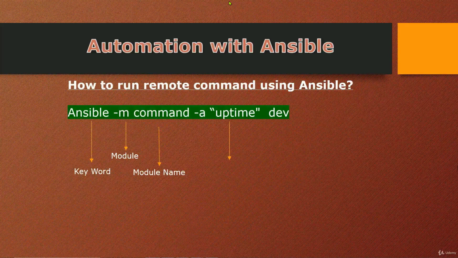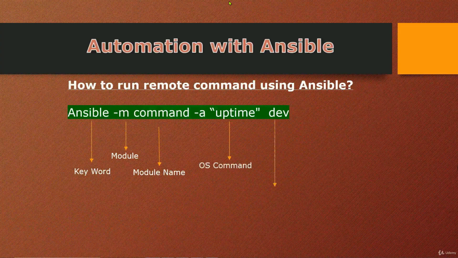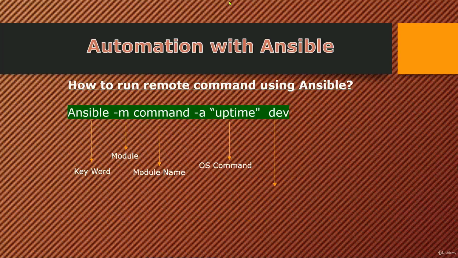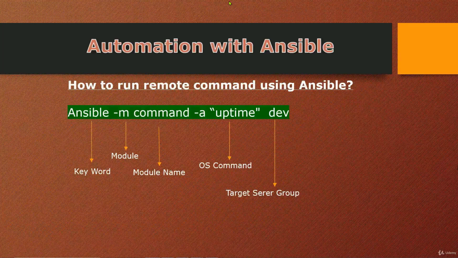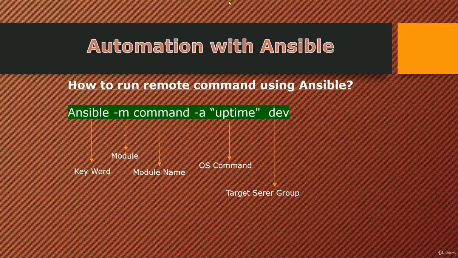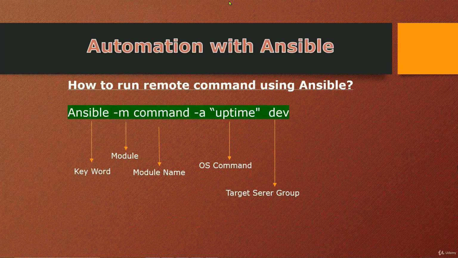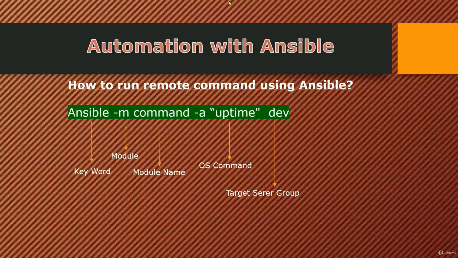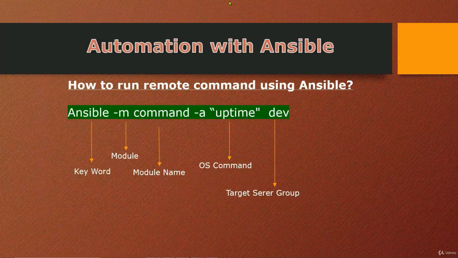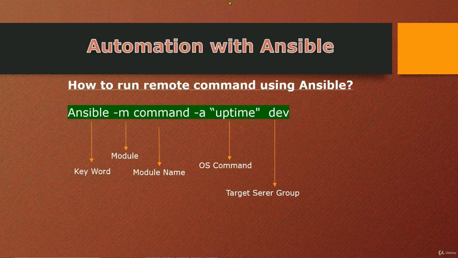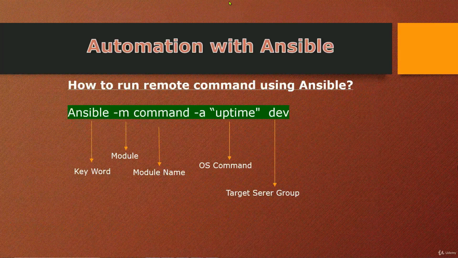You can put any command here. Dev is the target server group. So this command will be running on the dev target group. We have mentioned groups in the inventory file, and in the group we have a lot of servers. Suppose 5 servers are under this group dev. So this command will run on all the 5 servers.